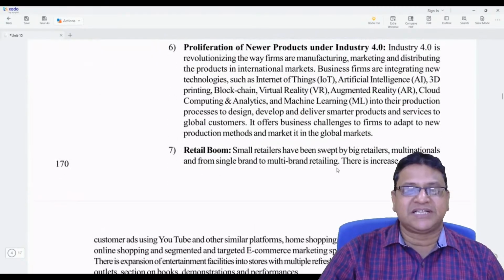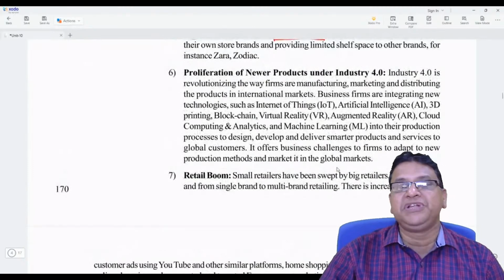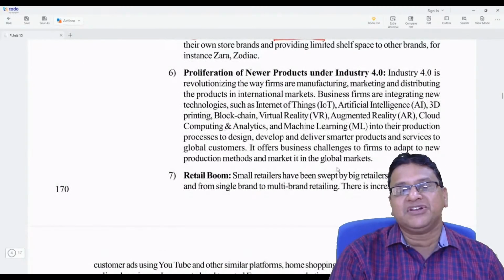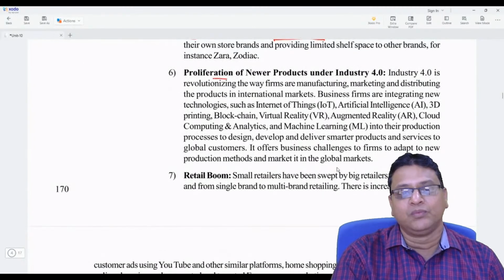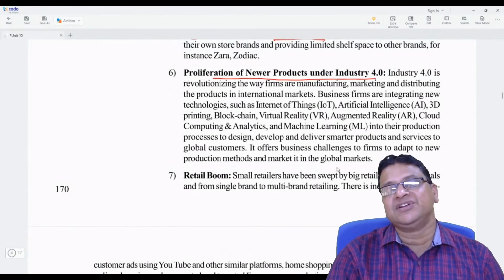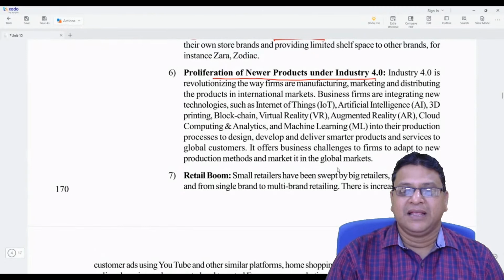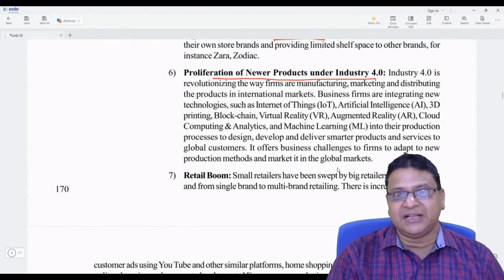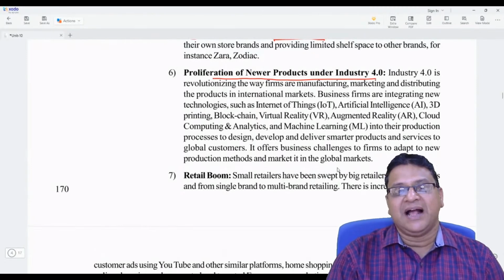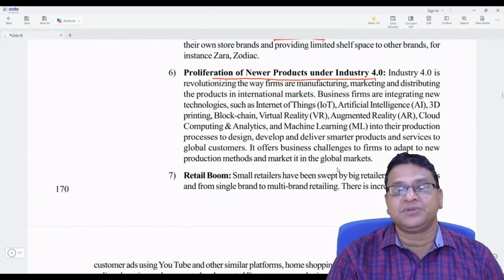Next challenge is proliferation of newer products under Industry 4.0. We are in Industry 4.0, where the entire manufacturing, marketing and distribution is revolutionized.